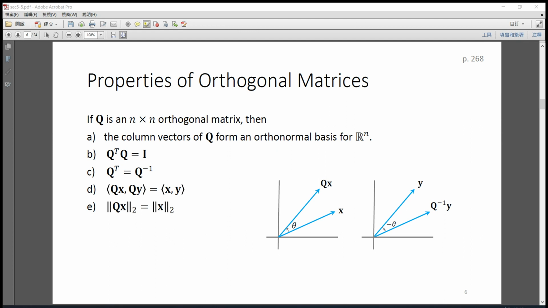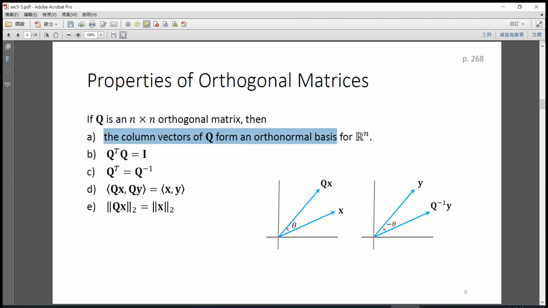In this slide, we summarize properties of orthogonal matrices. If Q is an n times n orthogonal matrix, then the following 5 properties are satisfied. Property A: the column vectors of Q form an orthonormal basis for Rn.